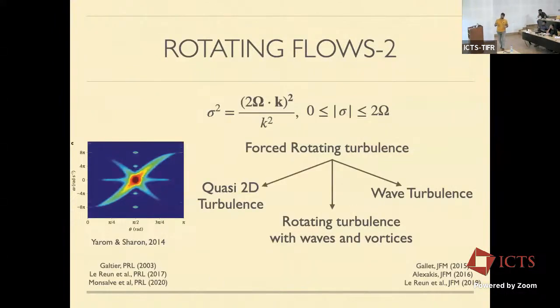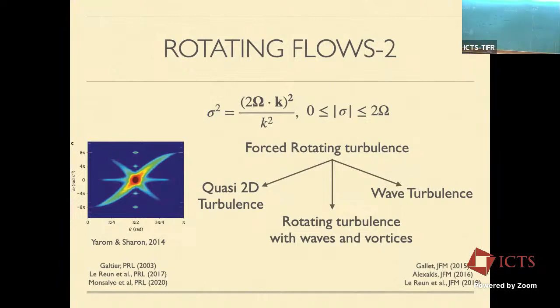So here is a very initial experiment where they looked at wave turbulence in a tank, and what you see here is the dispersion. So these are the energy content, like what Mani was showing earlier. This is the dispersion relation. So these are the energy content across different frequencies, and theta is the angle.